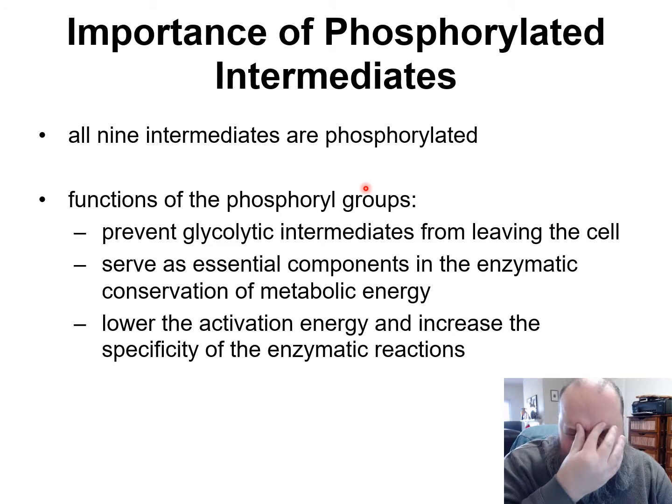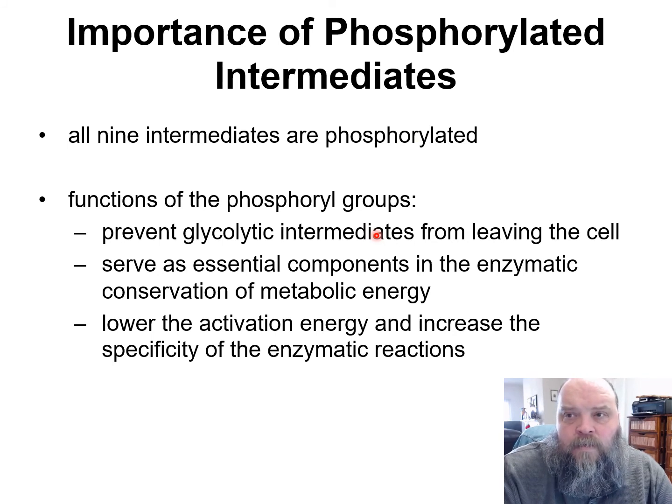Now, if you think back, I keep saying those inorganic phosphates were added to imbue some energy into the system, but they're also there to keep those intermediates from leaving this series of reactions, maybe being exported out of the cell, because the phosphorylated versions are highly polar.